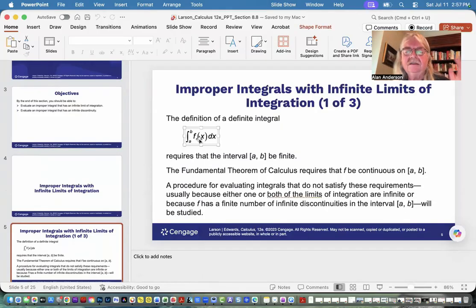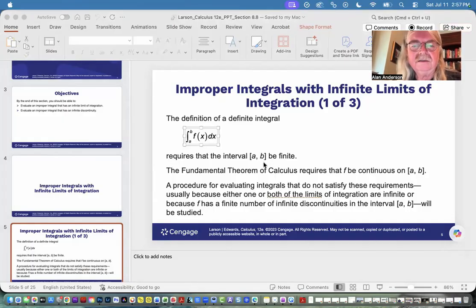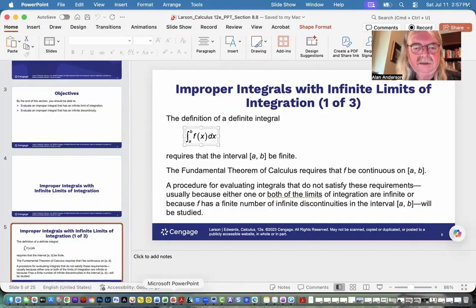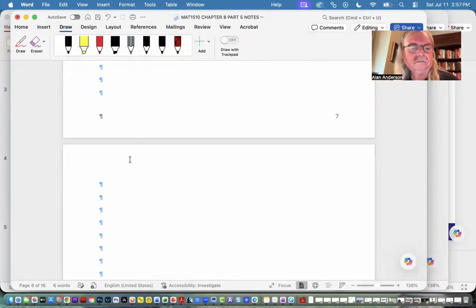Here's our traditional definite integral, which is defined by the fundamental theorem of calculus, and we know exactly what to do here. So we're going to evaluate it over that interval.